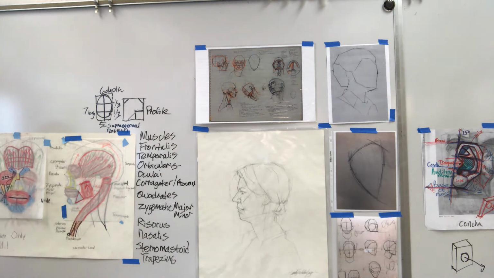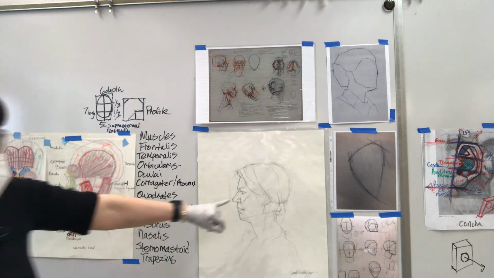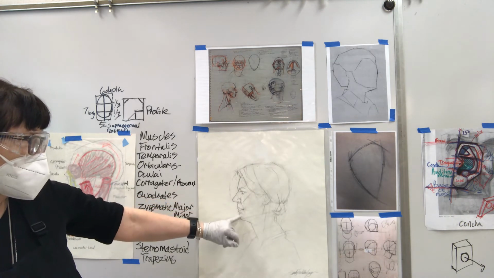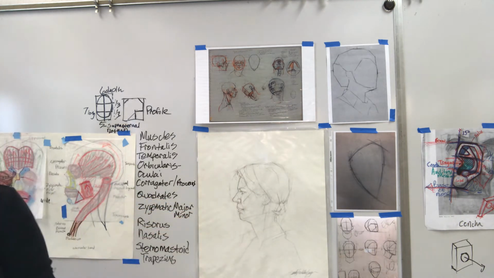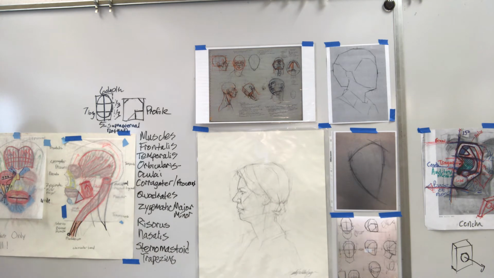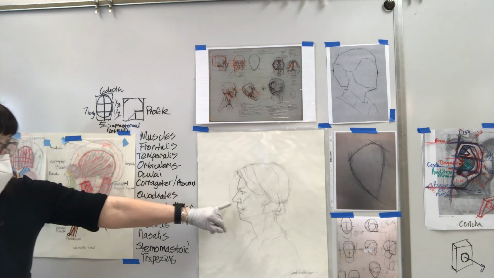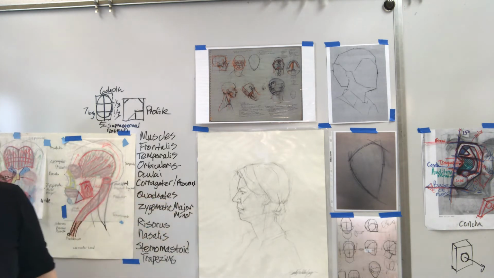In the beginning stages of this figure drawing class, you're going to focus on a linear concept for your features. However, around probably the end of October, we're going to switch and it will become more a value decision rather than a decision of line.